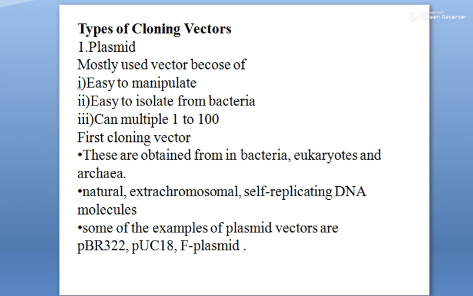cloning. So, why is plasmid the most used vector? Because it is easy to manipulate, easy to isolate from bacteria, and can multiply one to a hundred times. So, when we see a large multiplication capability, that means we get a great number of the desired cloned gene.